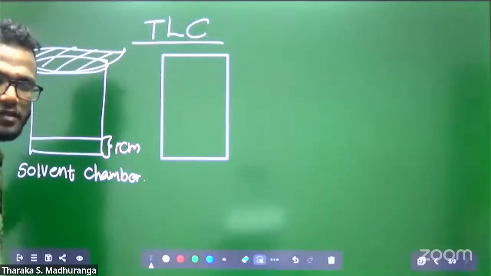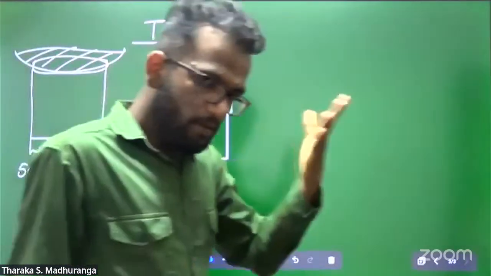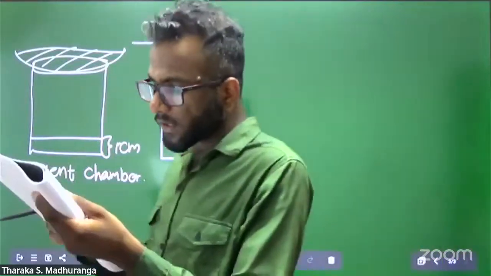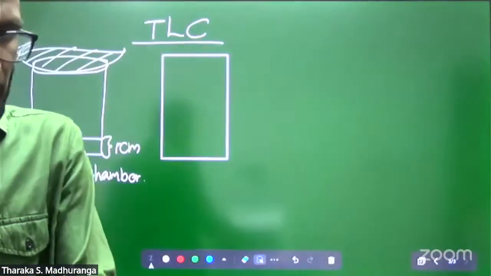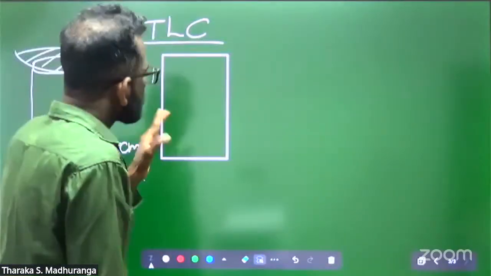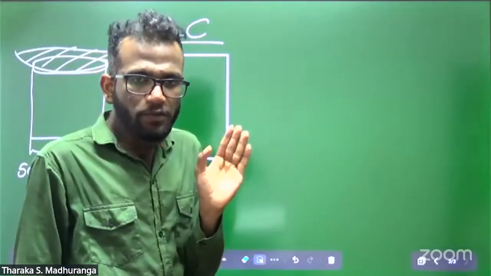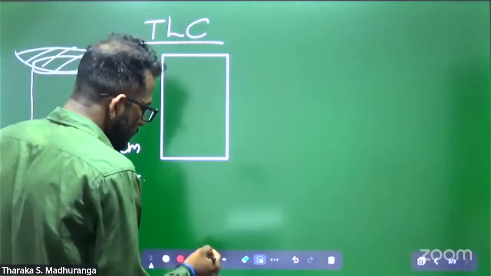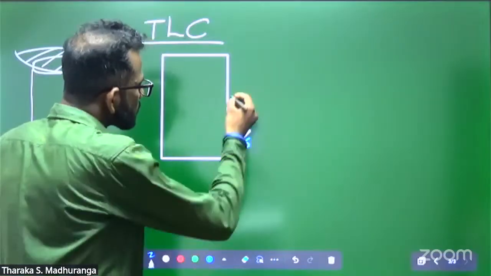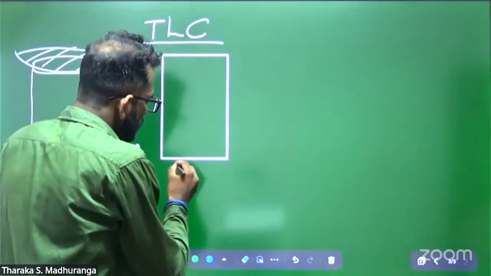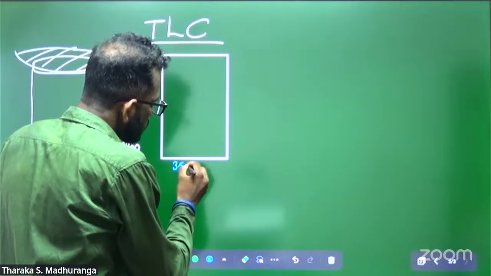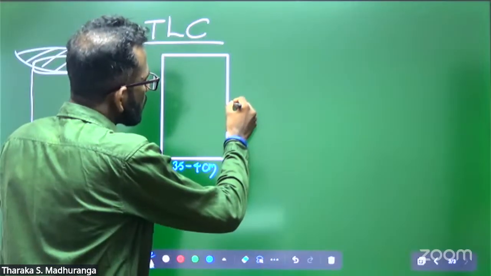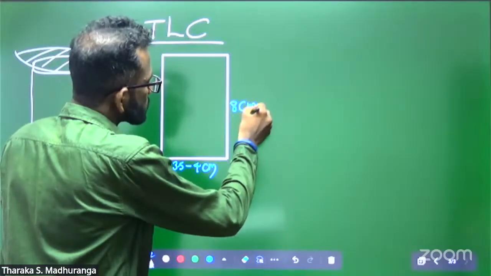In the second step, in paper chromatography we use Whatman number 1 chromatography paper. But in thin layer chromatography, we have to take a glass plate with the same size, that is 3.5 to 4 centimeter width and 8 centimeter height.